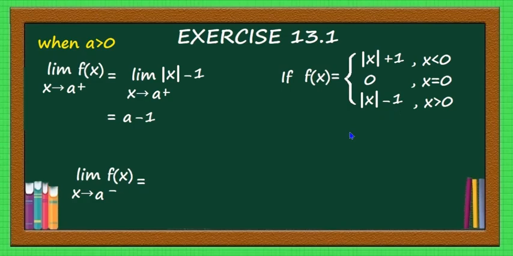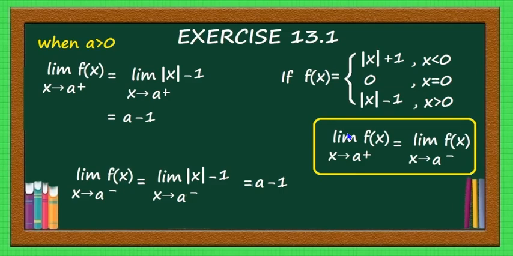Mod x minus 1. That is equal to the limit as x tends to a minus of mod x minus 1, and that is also a minus 1. Here the limit as x tends to a plus of f of x is equal to the limit as x tends to a minus of f of x. Therefore, for all positive real numbers a, the limit exists.